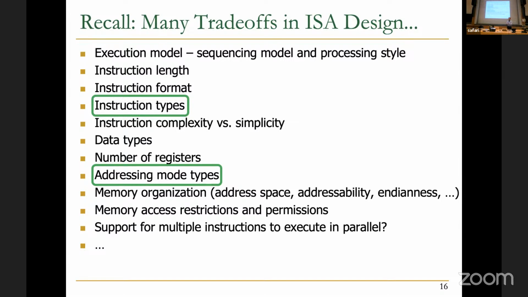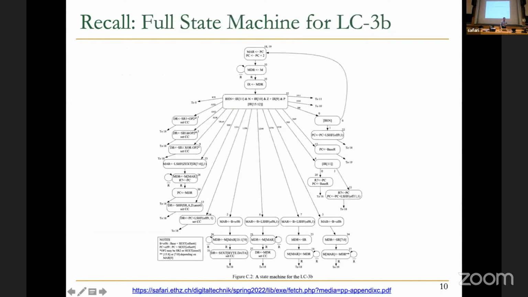Or you can choose everything to be very primitive, very simple, like NAND, let's say, NOR, AND, which makes it harder for the programmer or the compiler to take a high-level language and compile it down to these very primitive instructions, data types, and addressing modes. But there are many other things that the ISA specifies. We're going to actually end lecture 9A with some more examples of this relatively quickly.